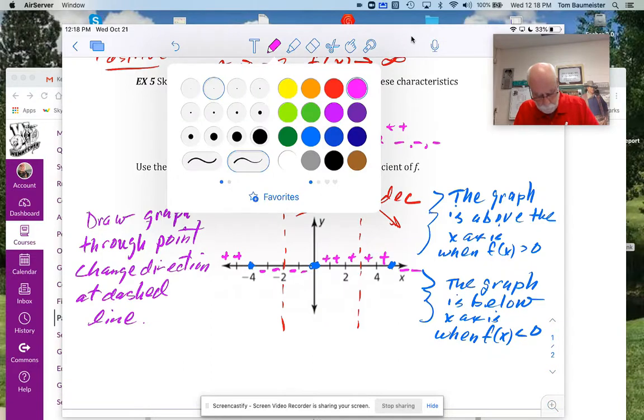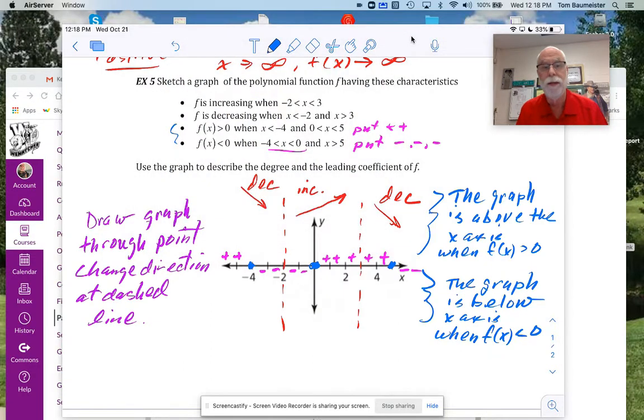So I'll go back to blue because that's where my dots are. So it's positive, so we know it's going to be going here. And I know I'm decreasing, right? I am decreasing. And I told you I'm going to keep decreasing until I get to that dashed line. And then I'm going to change direction.